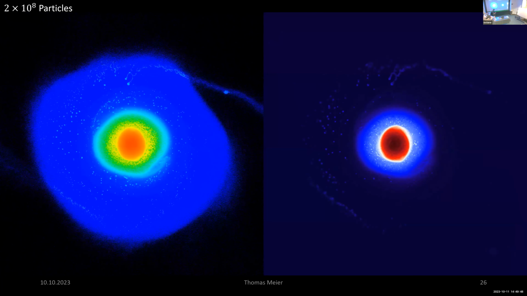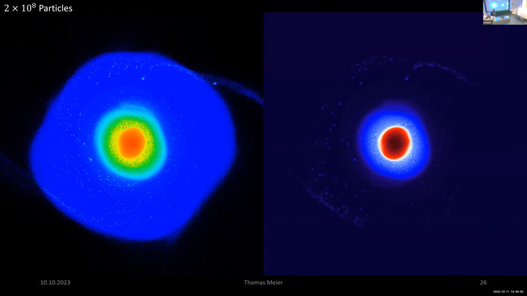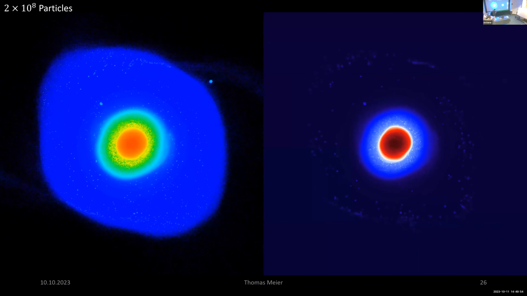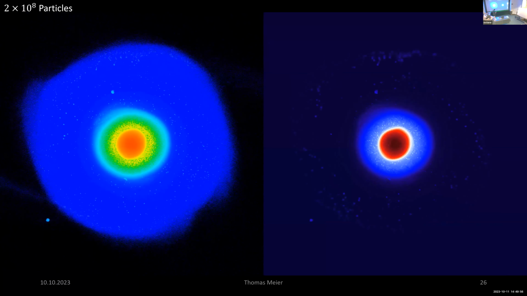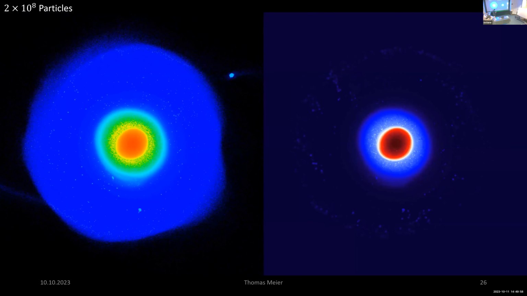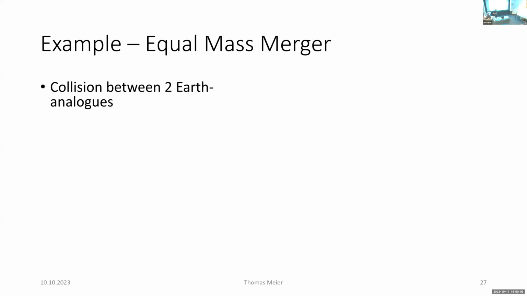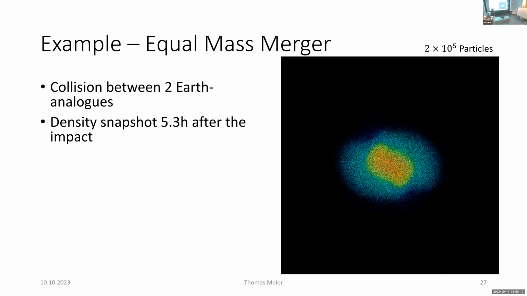It just keeps spinning now. And these blobs here are essentially small masses that are then just spread over their kernel size. And again, here a snapshot after 5.3 hours of the impact.